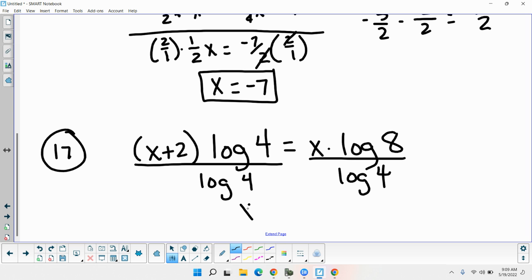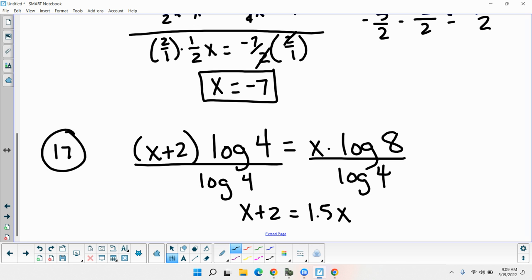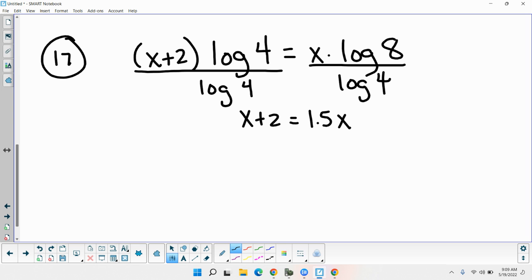So this is just like the last one. And I guess x plus 2 on the left equals something x, whatever log of 8 divided by log of 4 is. So I think it's 1.5. Let me see. Log of 8 divided by log of 4. Yeah, 1.5. All right, so there's my problem now after I divided both sides by the log of 4.